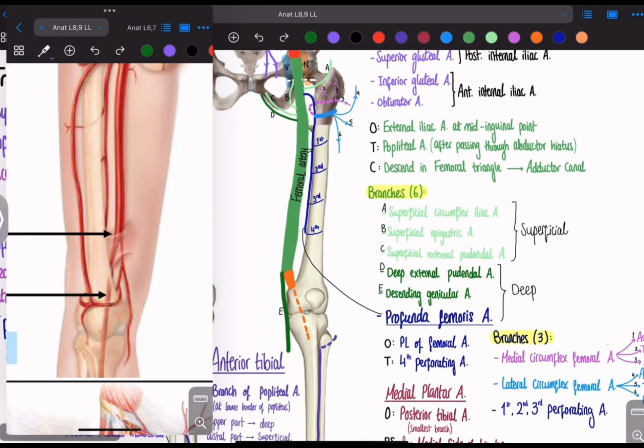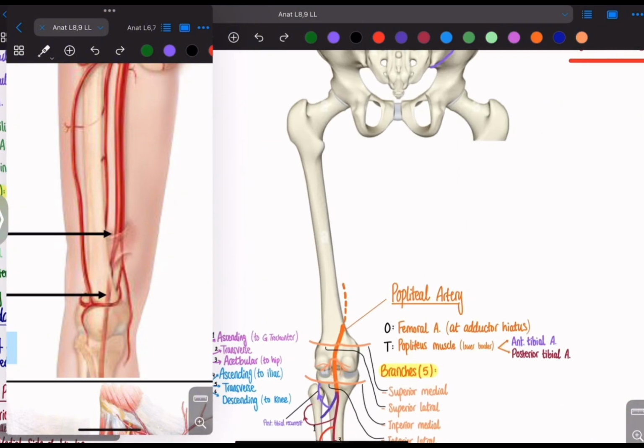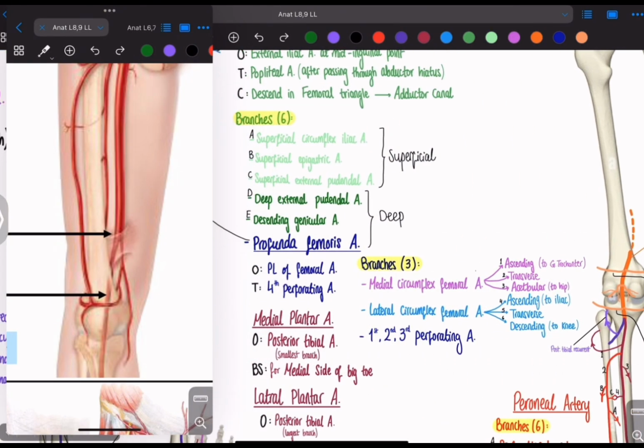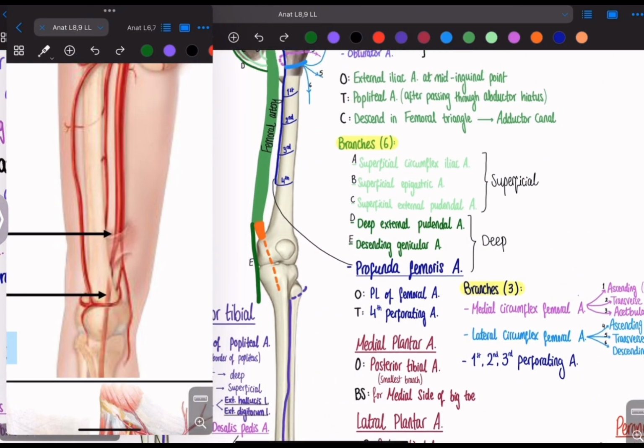Here, this is the femoral artery continuing. Once it reaches here, let's imagine there's the abductor hiatus, it goes into the abductor hiatus and then enters posteriorly, in the back of the knee, continuing as the popliteal artery. We're going to talk about the popliteal artery later, so let's skip it for now.